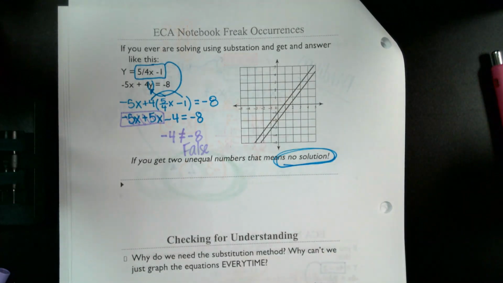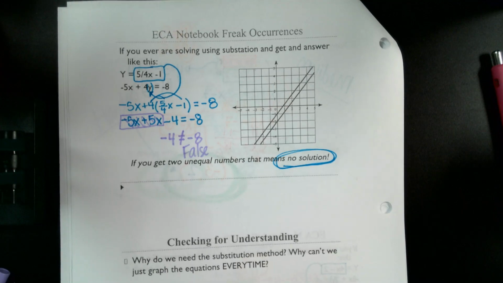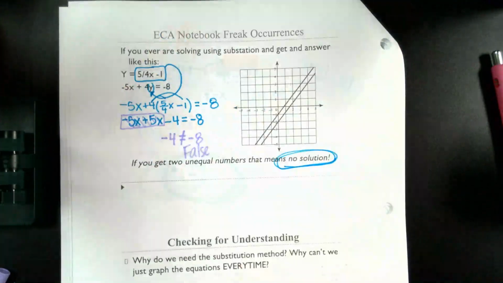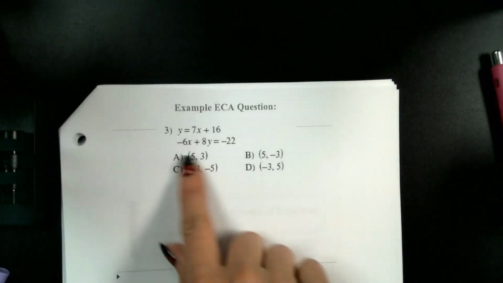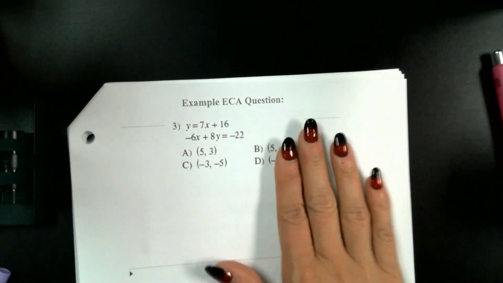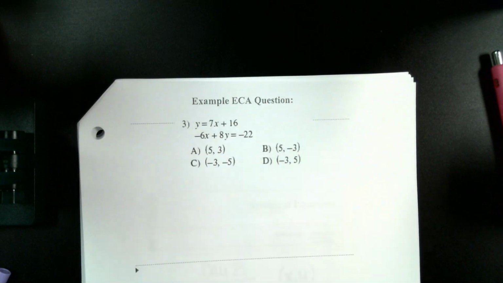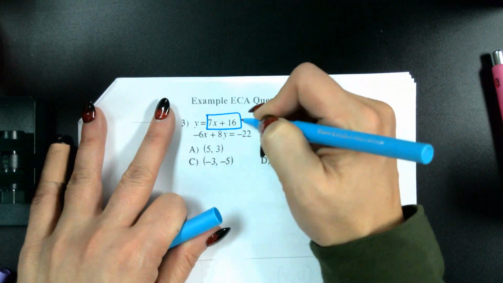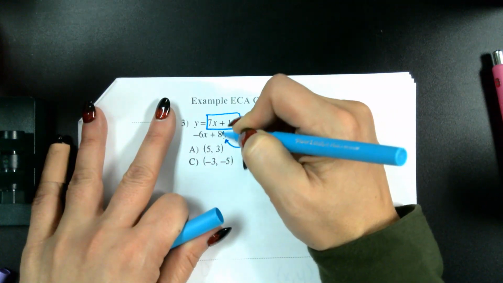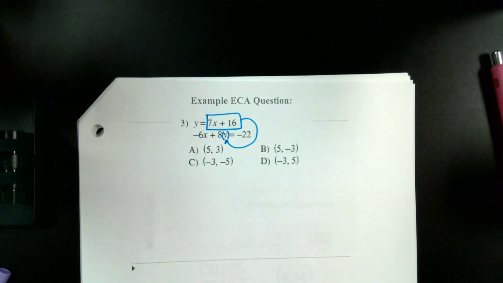Okay? What do you guys think? Can you do some of these, you think, on your own? Well, let's see. I would like you guys to try this one without me. There is a multiple choice, but I want you guys just to try this one because this is the hardest type. See what you can come up with.